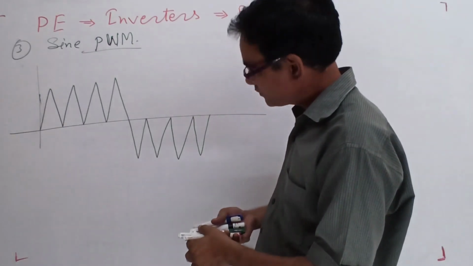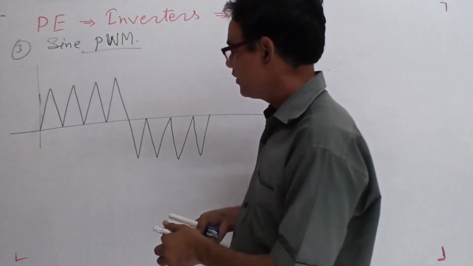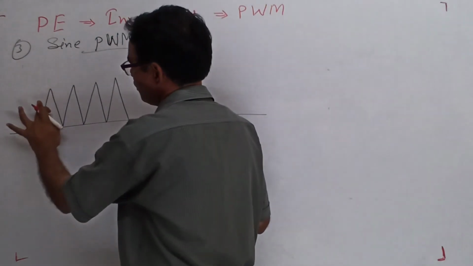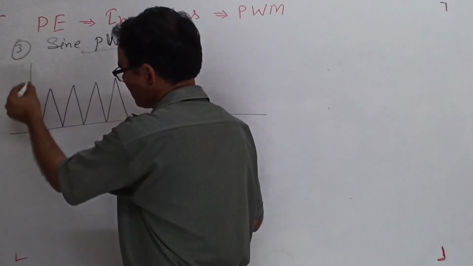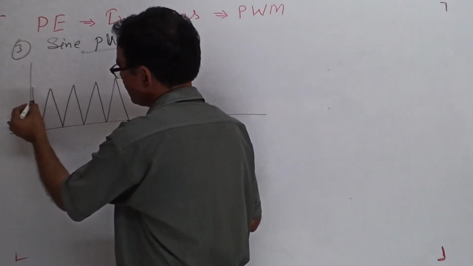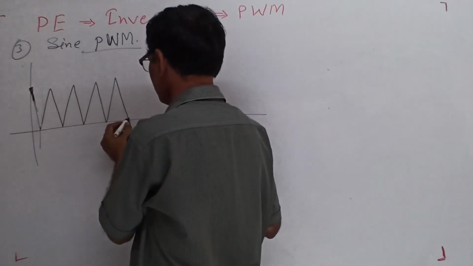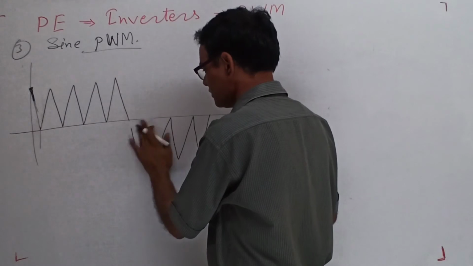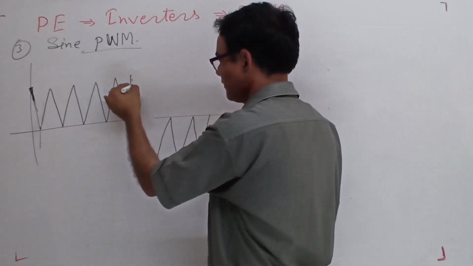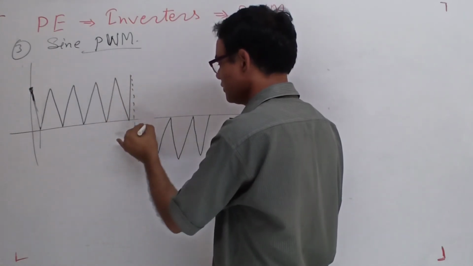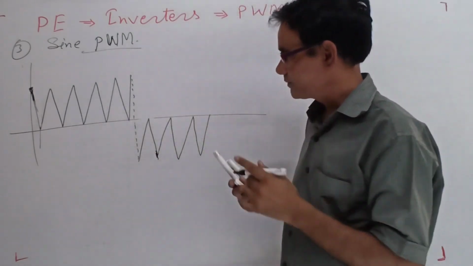Now, it is started not from 0 but from the maximum value. It starts from the maximum, and it is eliminated at the maximum, and it reverts like this.